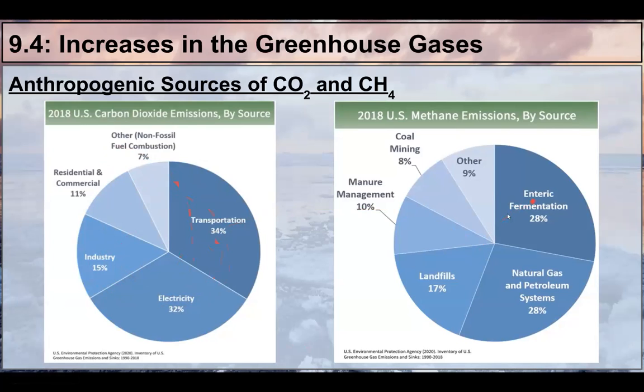So enteric fermentation, that's the digestion of animals like cows. They produce methane, so that's a big source. Just leaking of methane from these sources, either leaking of methane or the production of methane through the various processes here. Methane buildup in landfills from the decomposition of the trash, and so on.